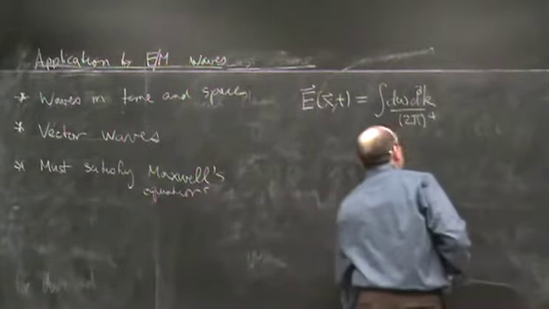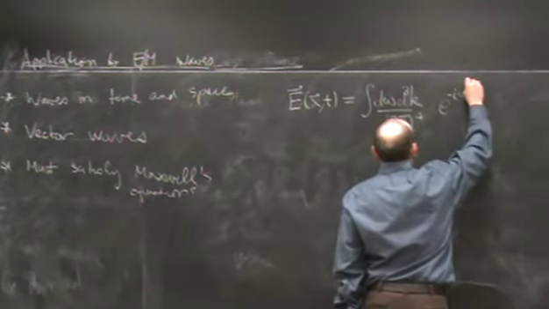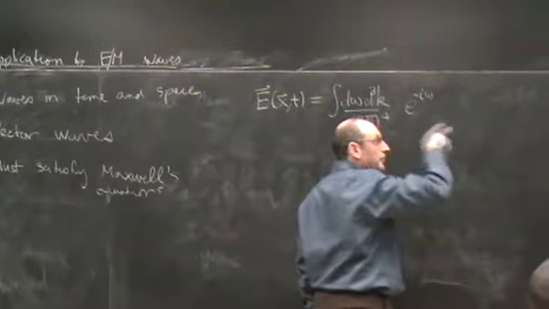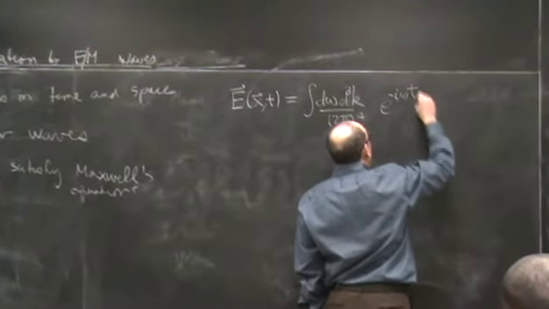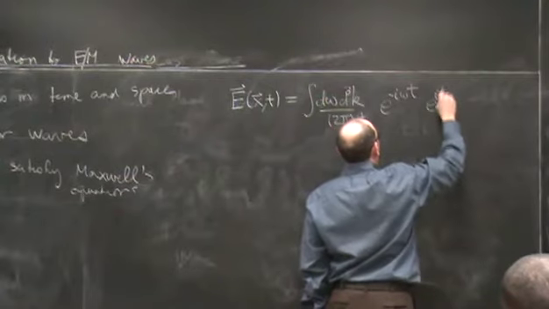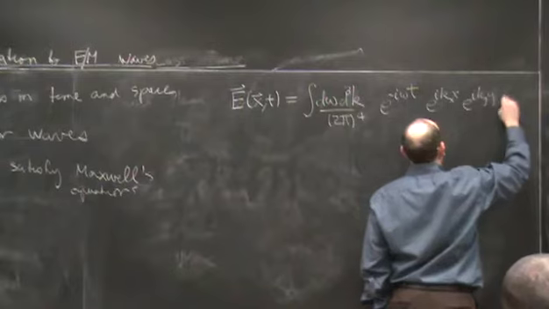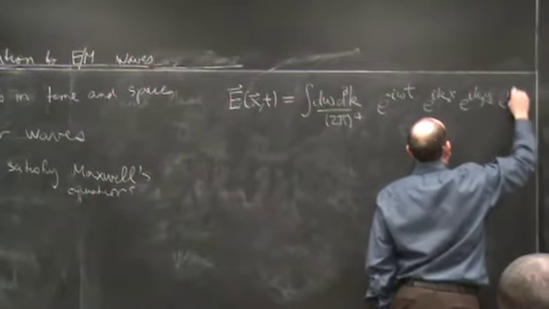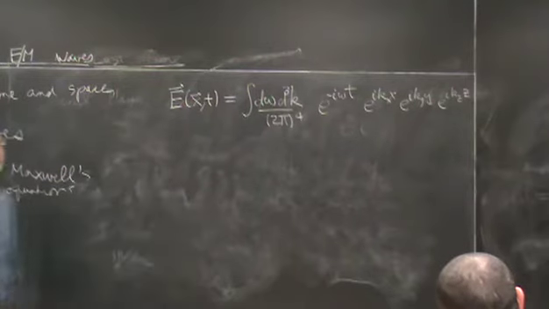So then we're going to superimpose the inverse Fourier transform. By convention, we do this with e to the i k_x x, e to the i k_y y, e to the i k_z z, with the plus sign for the spatial case.